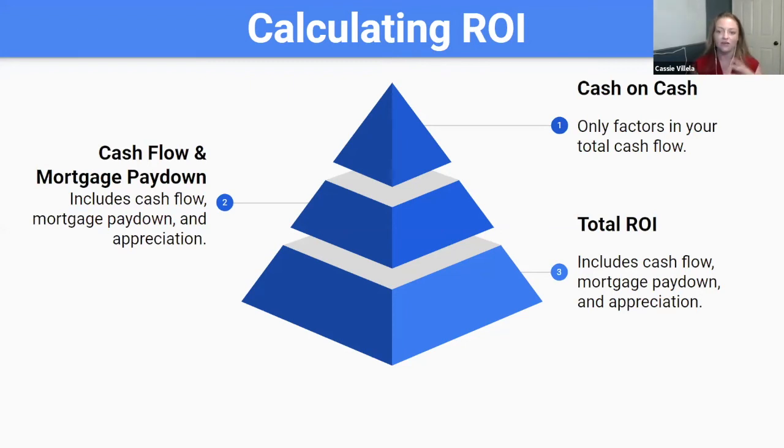And then I have BRRRR investors who want to have this very high ROI. So it just depends, but you need to be able to decide that so that when you're looking at deals, you know what your standards are, and also so that you can articulate those to realtors, wholesalers, or other investors to help you find the kind of deal that you're looking for.